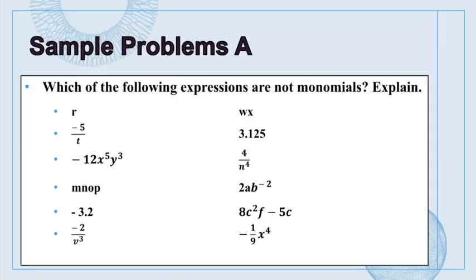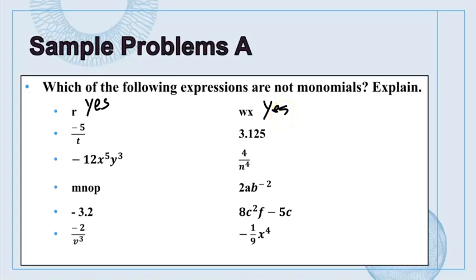So first we want to just be able to identify if the following expressions are monomials and then explain why. So R is a monomial, and this one, R, is just one group of numbers and/or letters. Next one, Wx, yes, that is a monomial.